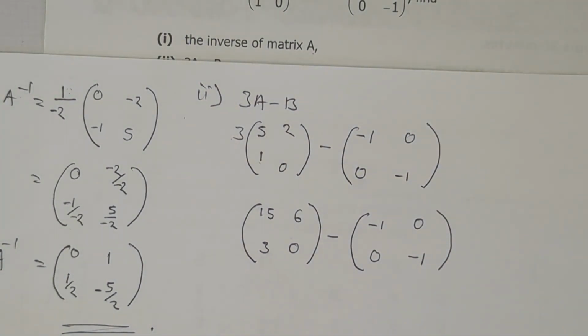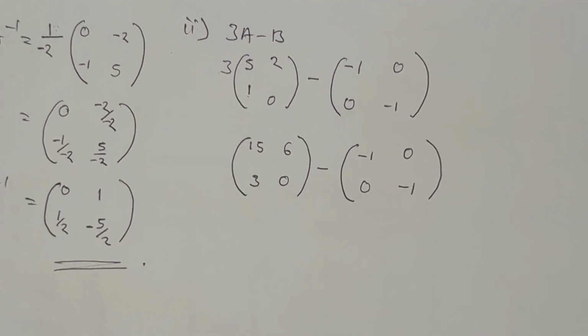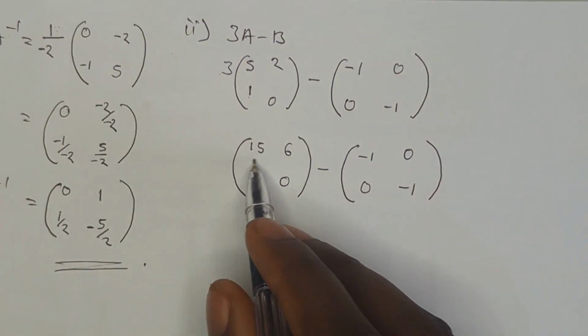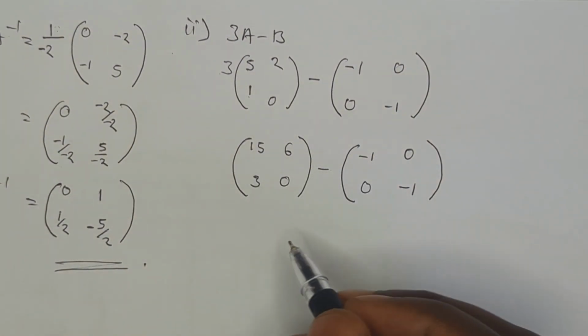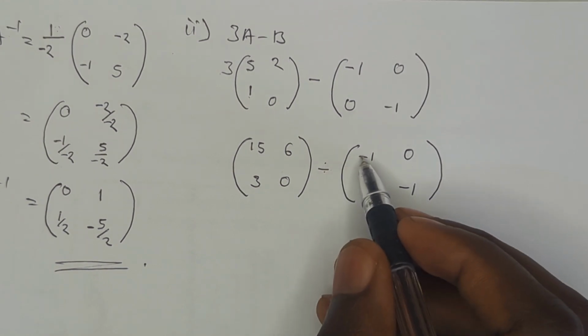Now we can subtract the matrices. 15 minus negative 1. So here we have a negative and there we have a negative.